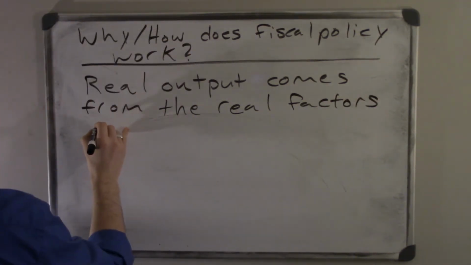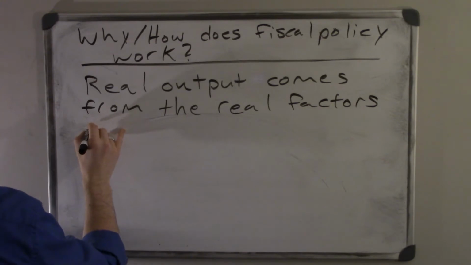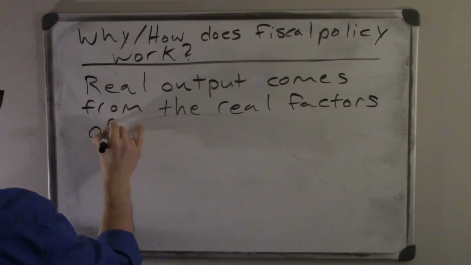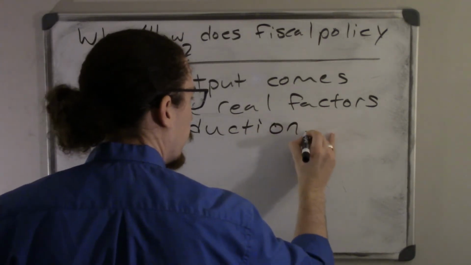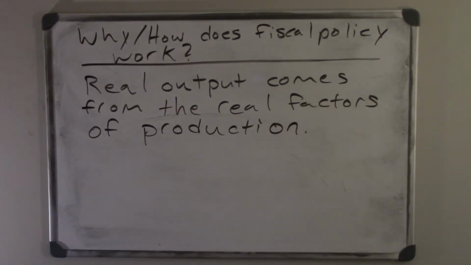So our capital, both human and physical, right? Natural resources, technological level, so on and so forth, those real factors of production.